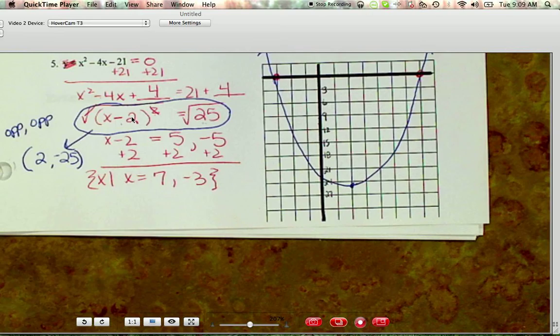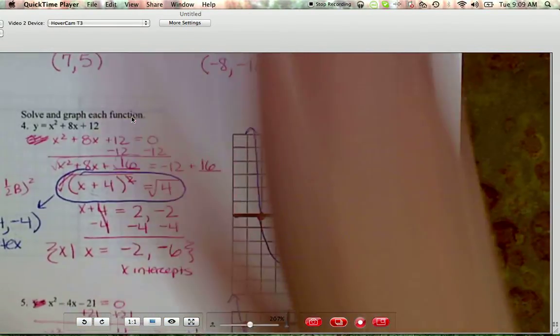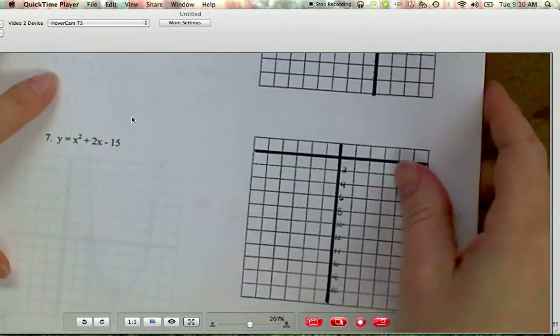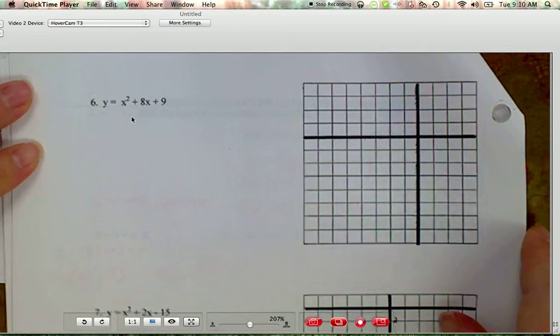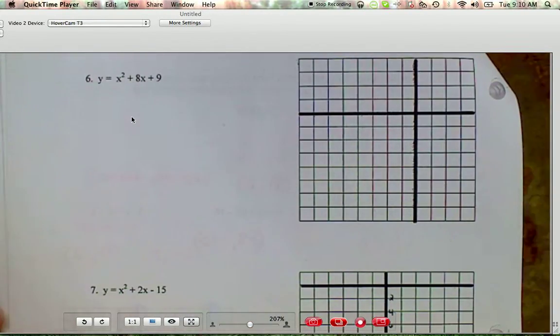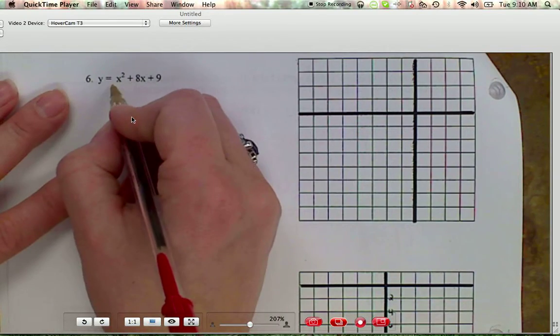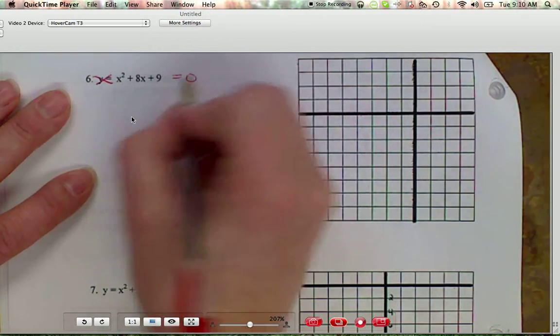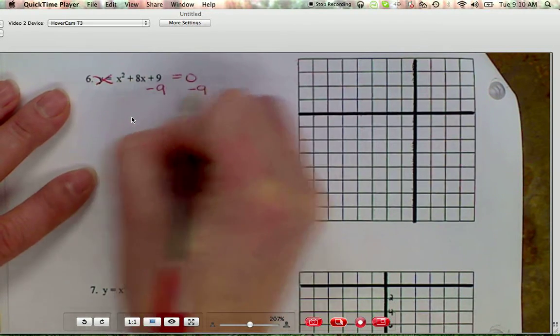Okay? Let's try one more. Let's look at number 6 here. This will be our last one, and then you can try the last one on your own. So we're plugging in 0 for y so we can find our x-intercepts. We want to create a blank, so we move the 9 over.